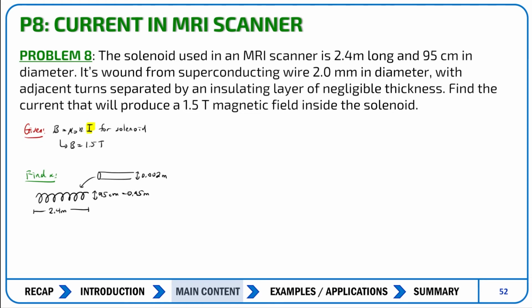So if I cut a coil open lengthwise, I'm going to end up with something like this, and that is 0.002 meters. N is equal to the number of turns per unit of length. I know that the length is 2.4 meters, and I can divide it by 0.002 to get how many turns there are.